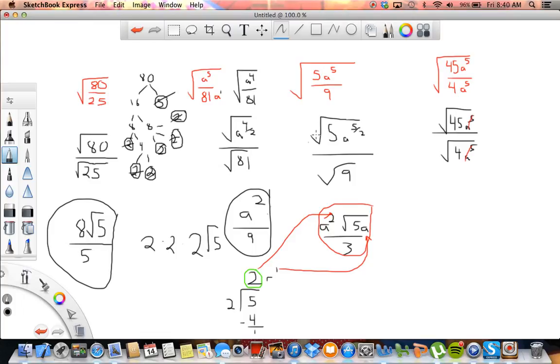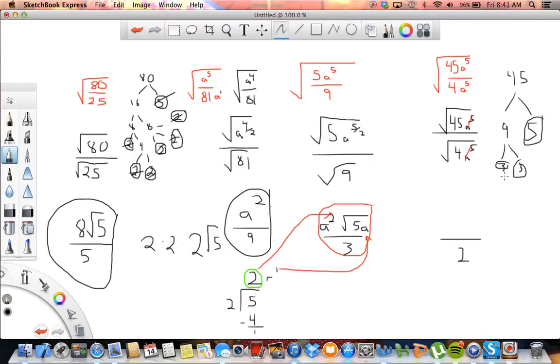Let's take a look here then. We've got the square root of 4. I know that's going to be 2. That's an easy one. Square root of 45 is a little tougher, so let's go over here and break this down. 45 breaks down into 9 times 5. We've got 5 as a prime, so I'm going to circle it. 9 breaks down into 3 and 3, and I circle both of those primes as well.